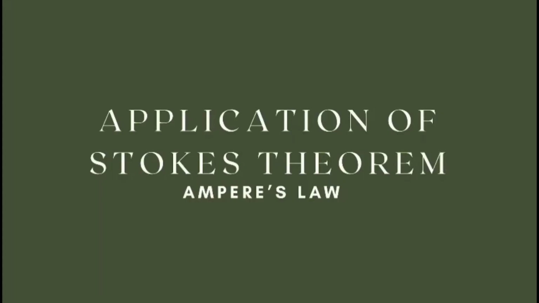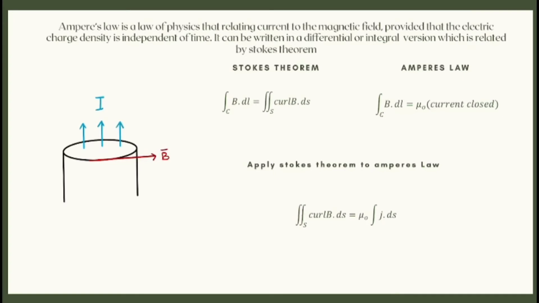Equation of Stokes theorem in electricity, which is Ampere's law. Ampere's law is a law of physics relating current to the magnetic field, provided that the electric charge density is independent of time. It can be written in a differential or integral version, which is related by Stokes theorem. As we can see, there is the Stokes theorem formula and the Ampere's law formula. After we apply the Stokes theorem formula to the Ampere's law formula, we get the equation below.